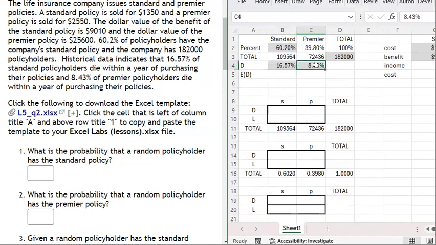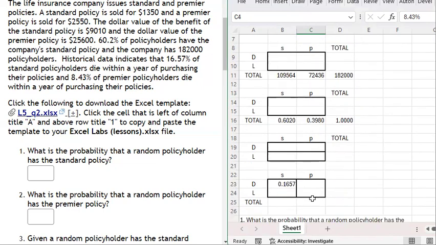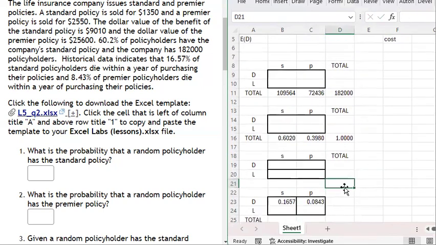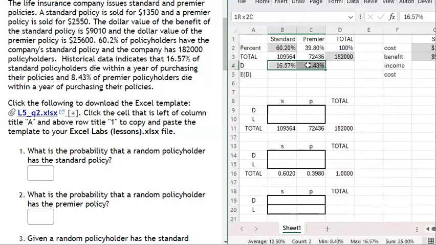Now, this right here is the probability of death given premier, right? So I'm going to hit the equal sign and go up here. And notice these two things don't add up to 1, right? They add up to 25%. They could add up to 35%. They could add up to 2.5%, right?